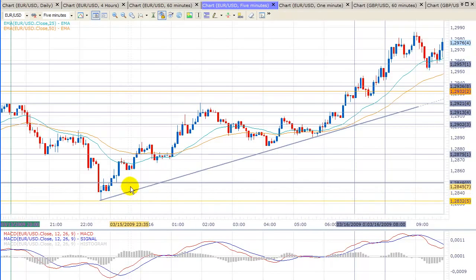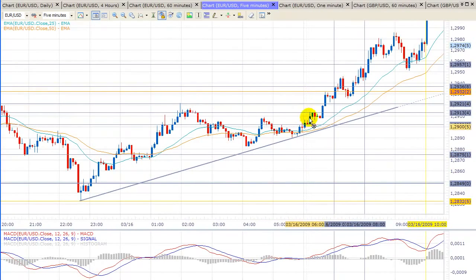Usually I consider the low between midnight and 7 o'clock GMT, but considering we got a weekend opening, I've got this low, the most recent swing low. Right, so we've got a range of almost 100 pips.